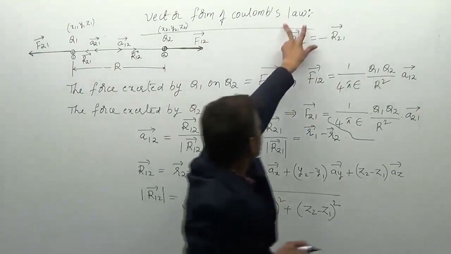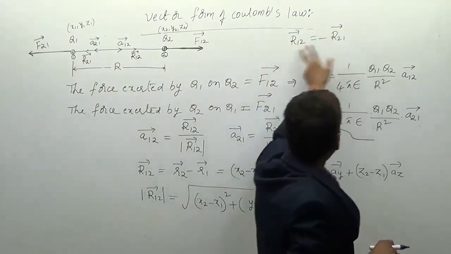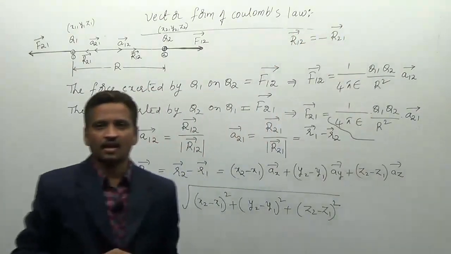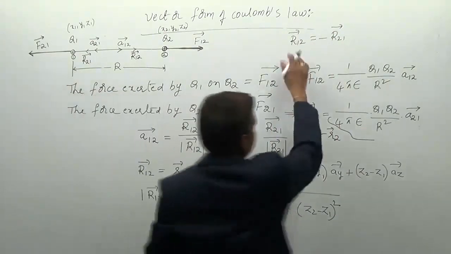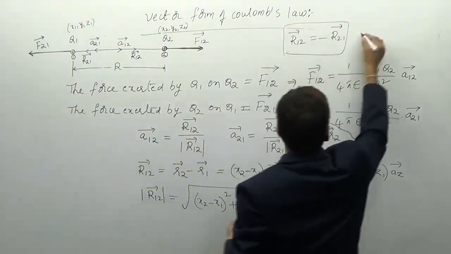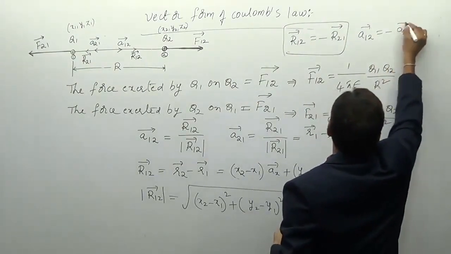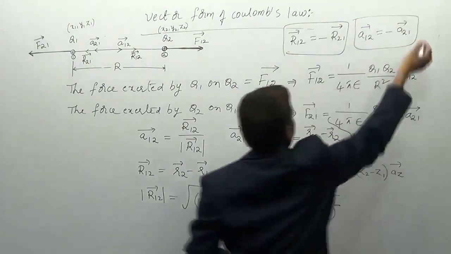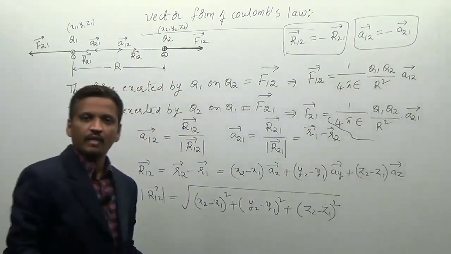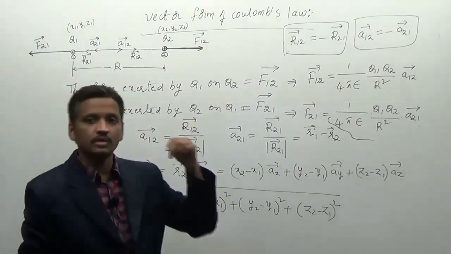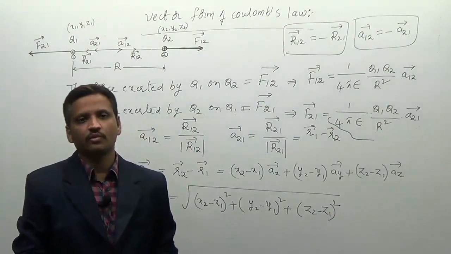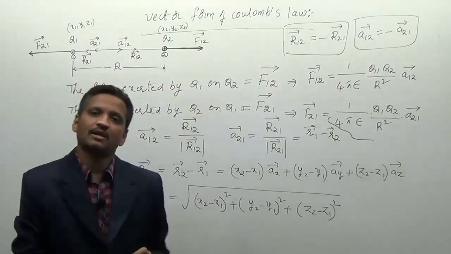If you take magnitude, they are going to become equal, but if you take direction, they are exactly opposite. So based on this condition, we can also say that A12 will be equal to minus A21, because A12 is equal to R12 by magnitude of R12 and A21 is R21 by magnitude of R21. So they are also exactly opposite.